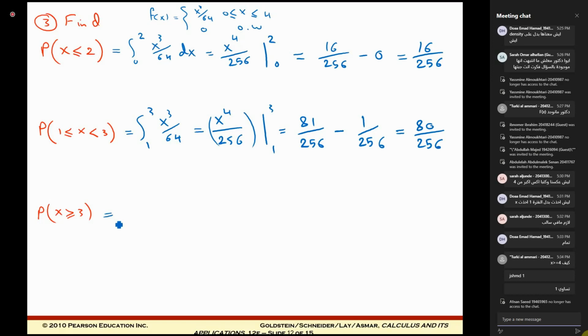Now, greater than 3, the integral from what to what?